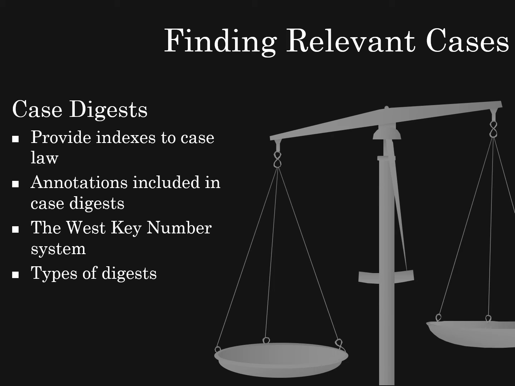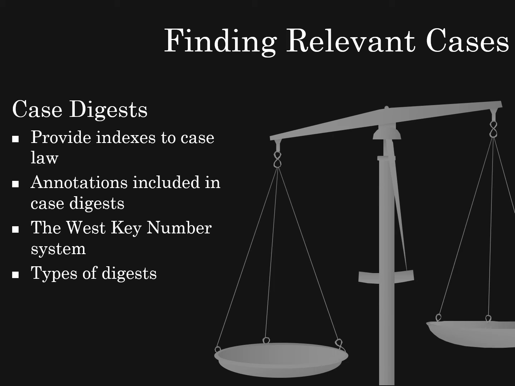The West brothers actually started publishing in the mid to late 1800s, and they created this West key number system where they took every single possible topic in the law, and they assigned a number, a topic, and a key number, so that there are these big groups of topics and then subtopics, but they all have a topic and a number assigned to them. And this system is how these case digests are organized.